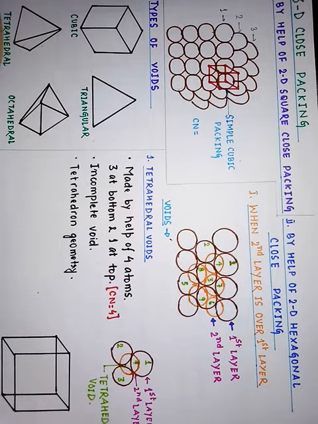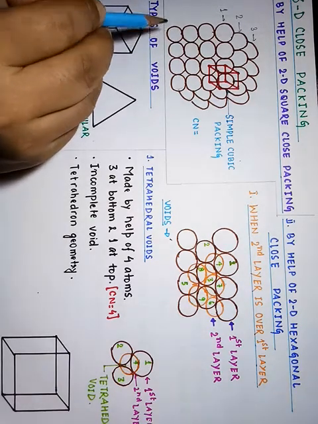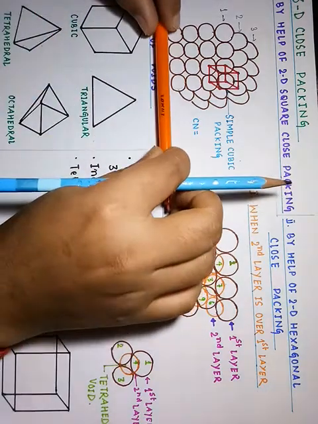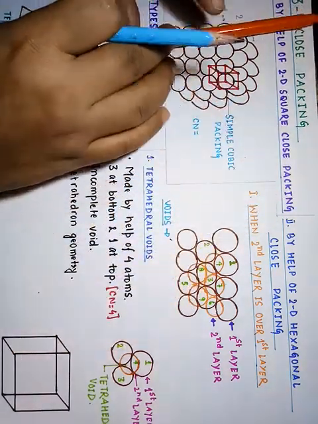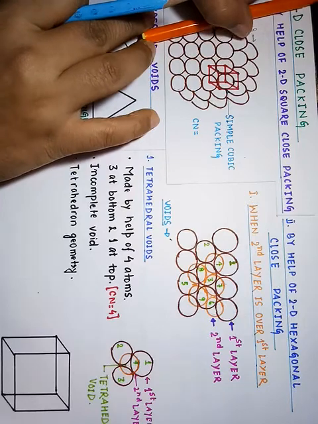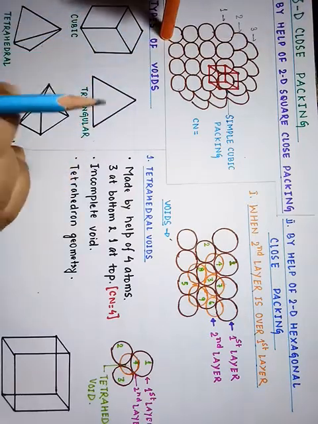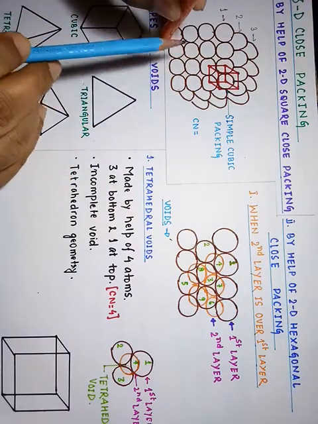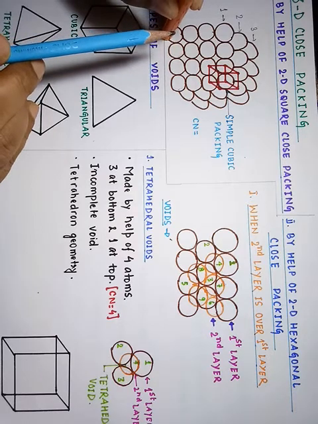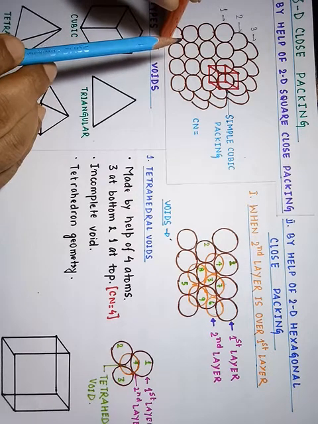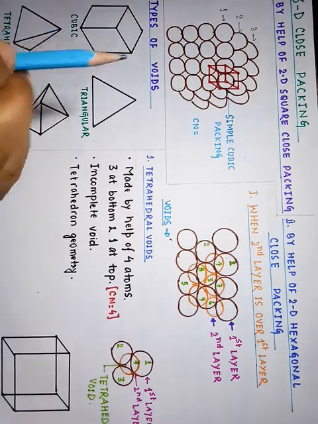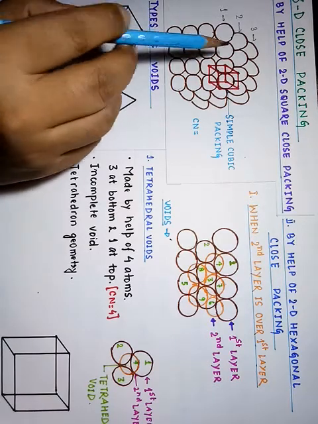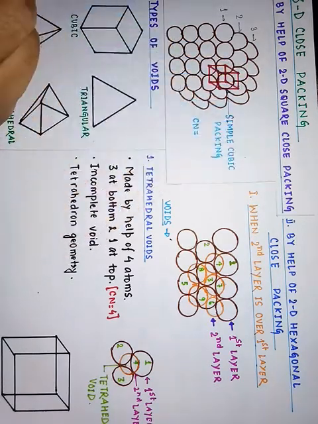So obviously it will be three-dimensional because we have x-axis, we are moving along y-axis, but we are putting layers along z-axis also now. We are putting more layers, so we are covering z-axis also. So this is the case of 2D square close packing.